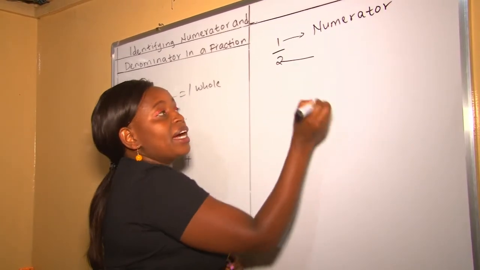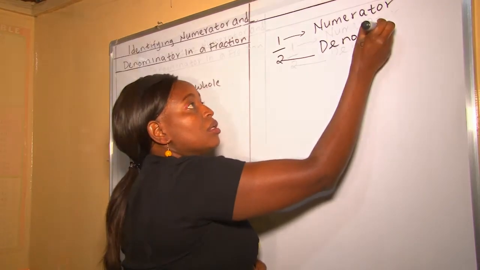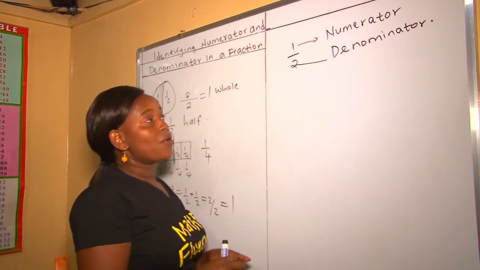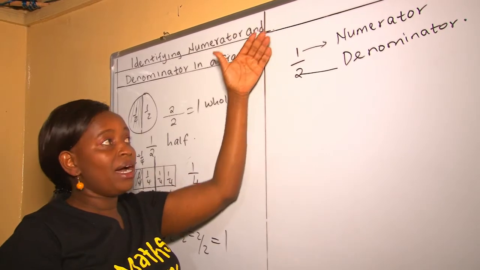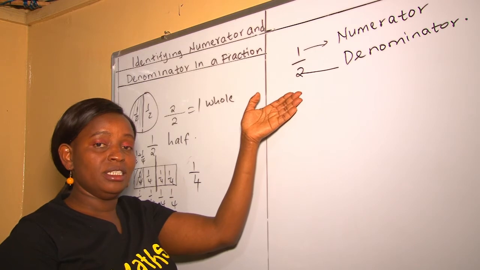The bottom number here is what we call the denominator. Therefore, every fraction has the upper number and the bottom number. The upper number is the numerator, the bottom number is the denominator.